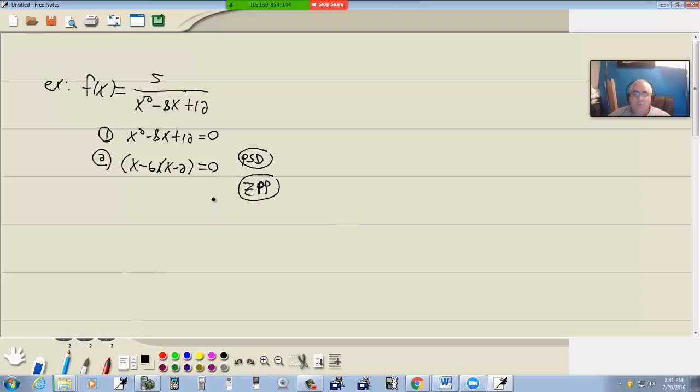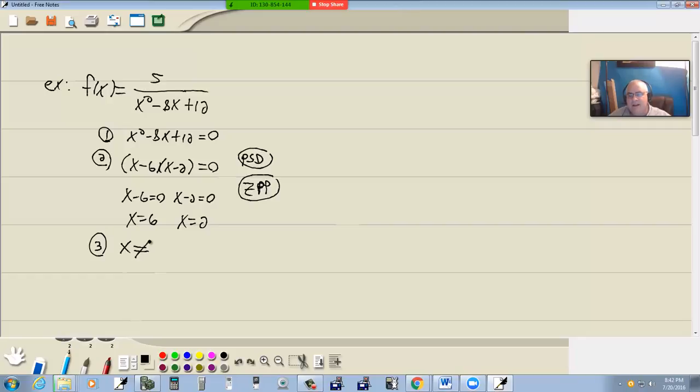And we talked about the zero product property. You get 0 on one side, you factor the other side, you set each factor equal to 0. So we'll set x minus 6 equal to 0 and x minus 2 equals 0. Which gives us x equals 6 and x equals 2. Now these are the values we cannot have. If we plug those back into our original problem, they'll cause our denominator to equal 0.